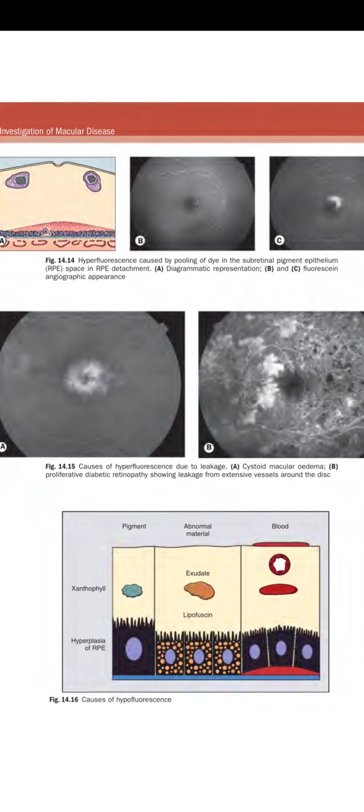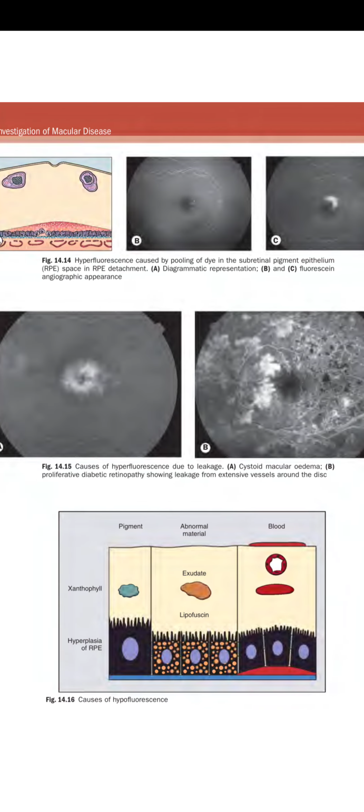A is showing cystoid macular edema, so you can see that there is a leakage of the dye. There is a hyperfluorescent area which is increasing in size and intensity. B is showing proliferative diabetic retinopathy, with leakage from the extensive vessels around the disc.